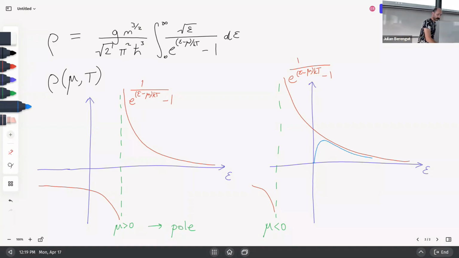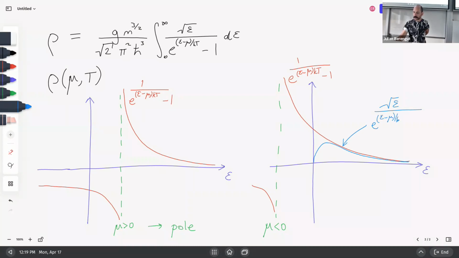Draw it again. Okay, so that's what this thing looks like.